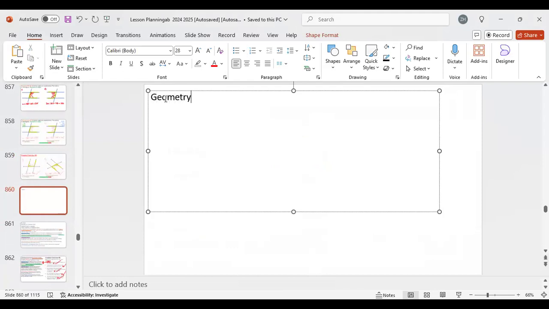Geometry rule number 9, and it states that complementary angles add up to blank. What do complementary angles add up to? 90 degrees.